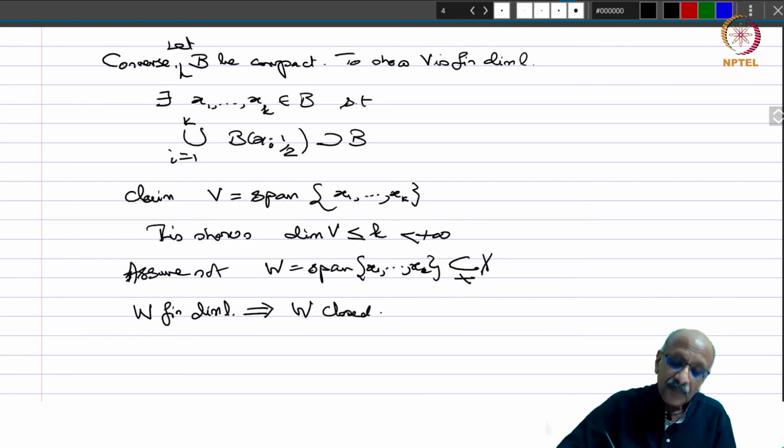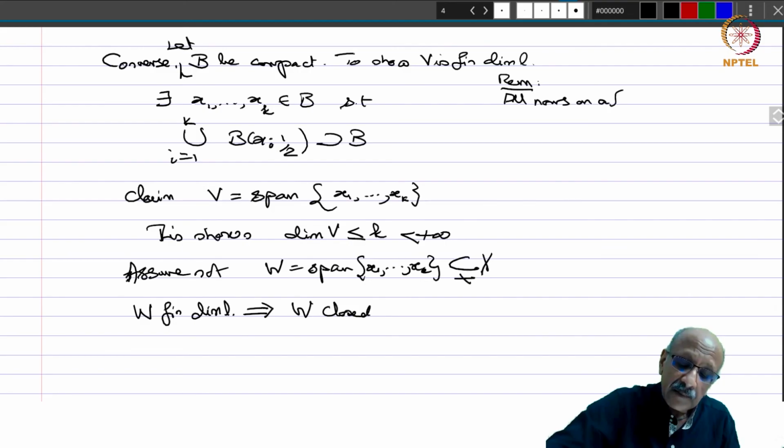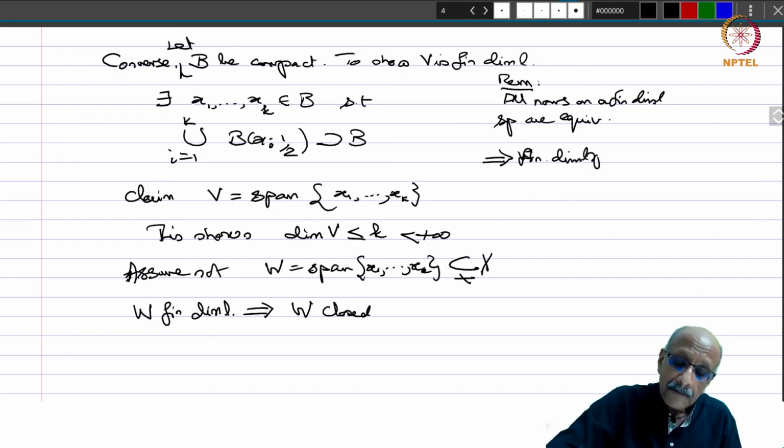So from the equivalence, a remark: all norms on a finite dimensional space are equivalent. This implies that finite dimensional spaces are always complete.